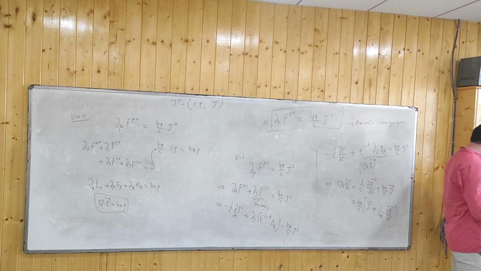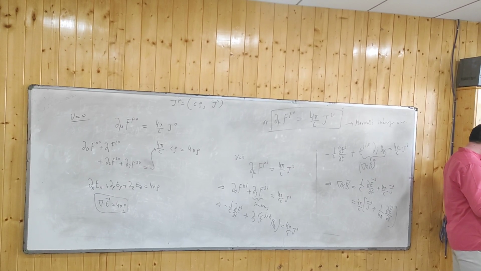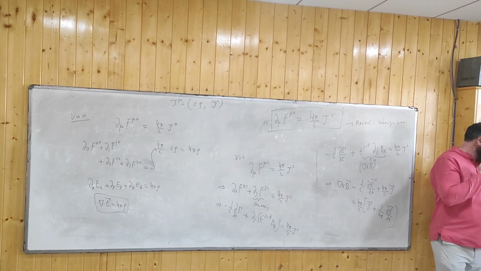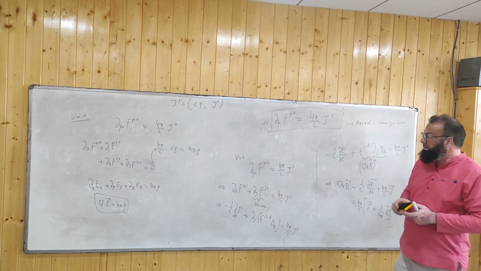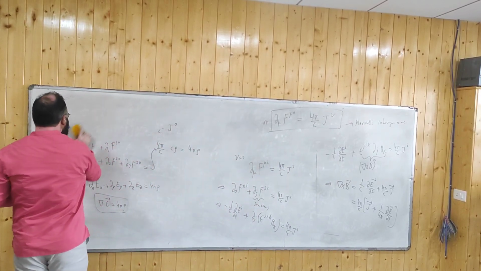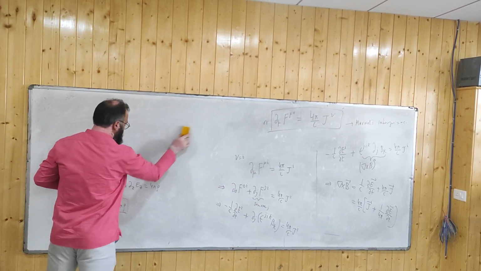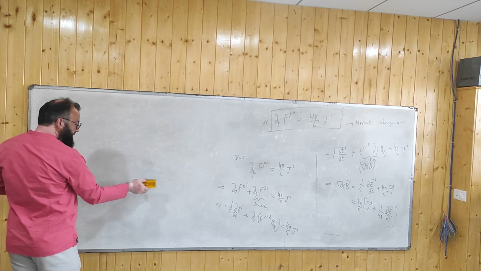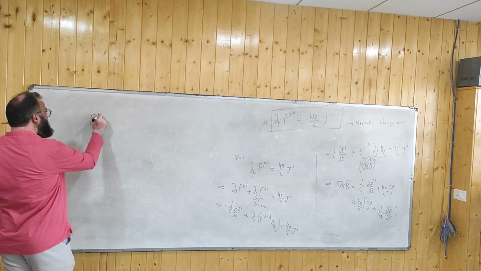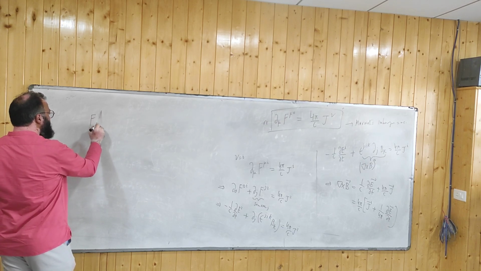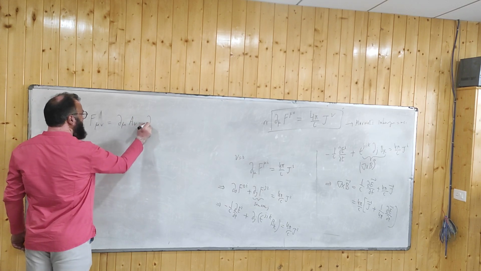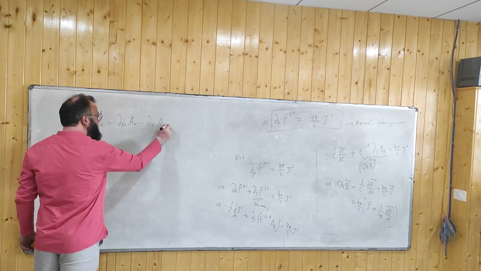Now how to write the homogeneous part of Maxwell's equations? Okay, let me write them. Let me go slowly. So you are having this F, right? F_{μν} as ∂_μ A_ν minus ∂_ν A_μ.